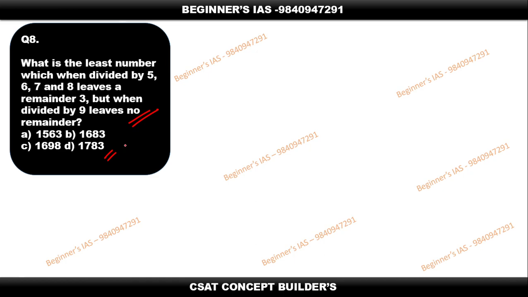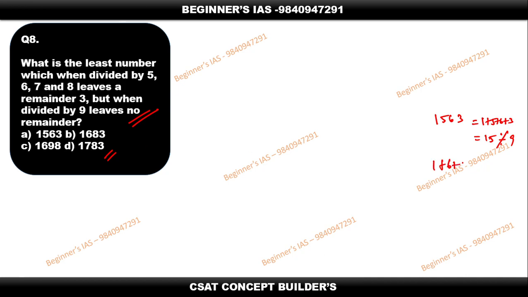No remainder, right? Which means that the number is going to be completely divisible by 9. What is the concept of 9? Sum of the digits. So 1 plus 5 plus 6 plus 3: 6, 12, 15. This is not divisible by 9, therefore it will leave some remainder. Here it is given no remainder, which means 0 should be the remainder.